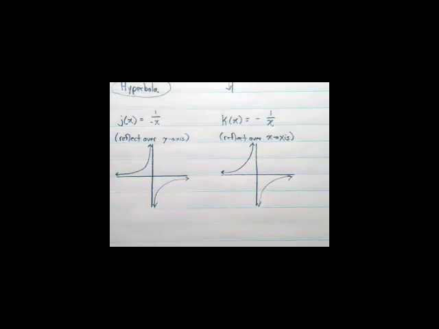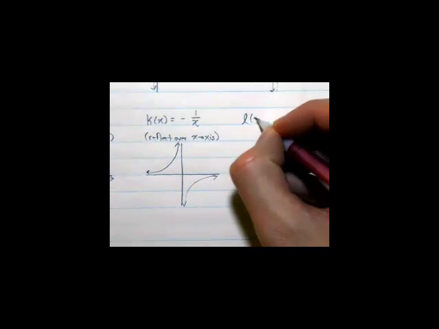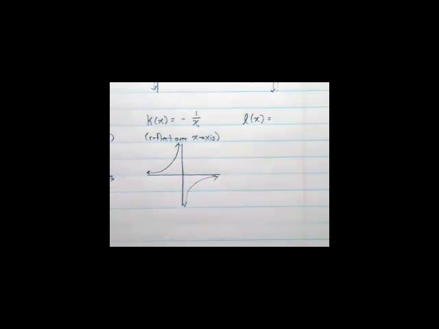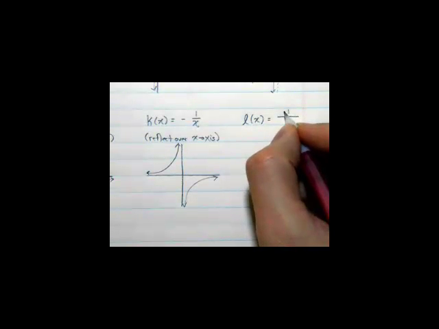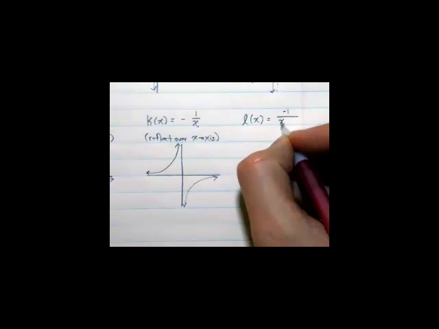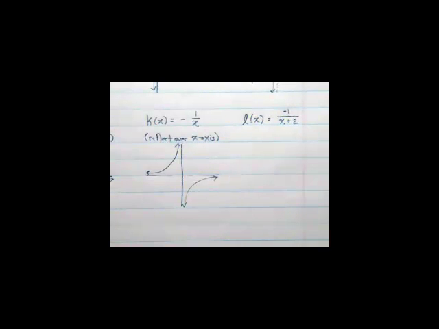Okay. Let me do one more here, JK. We're up to L of x. I'm going to put a translation and a reflection together on this one. So we'll go negative 1 over x plus 2.